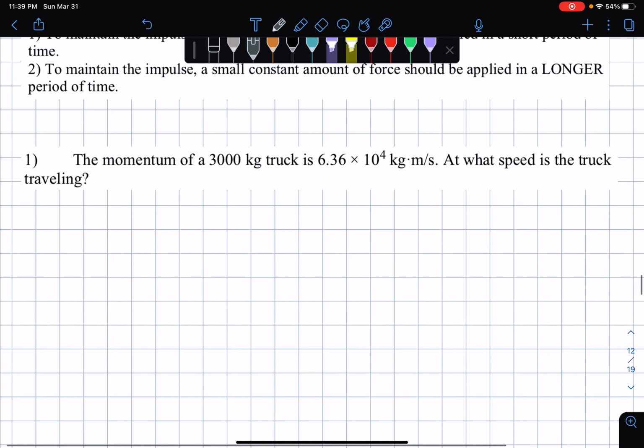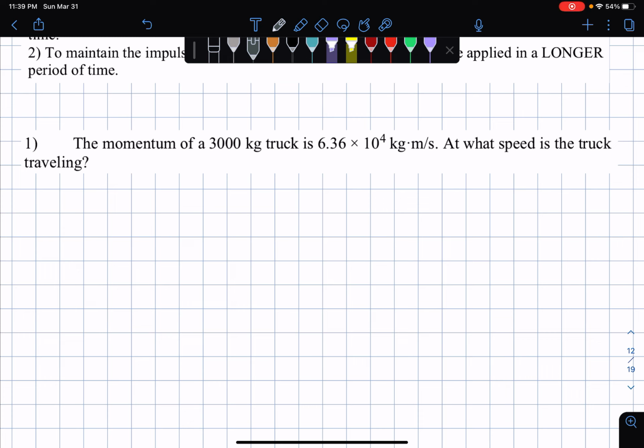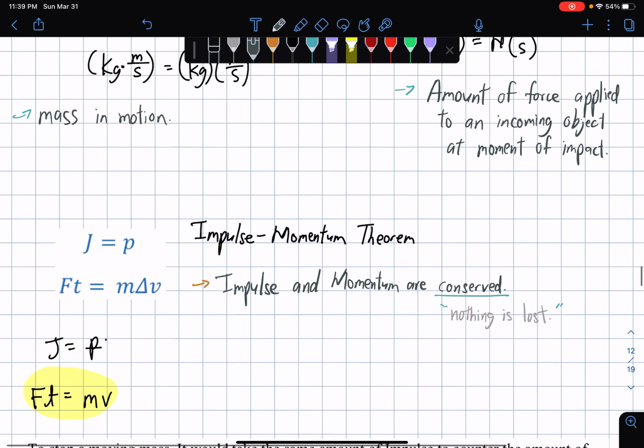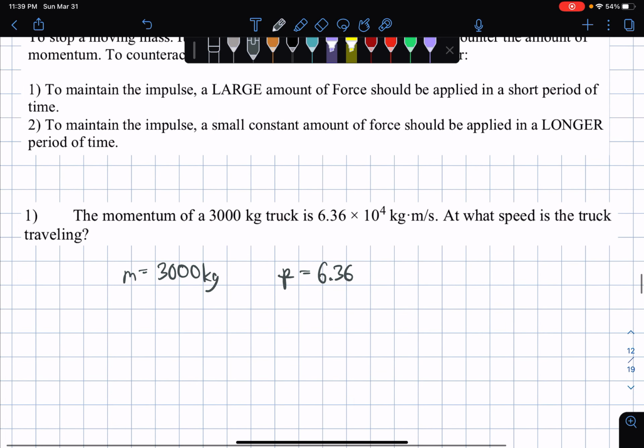Anyways, number one, the momentum of a 3,000 kilogram truck. So the mass is 3,000 kilograms. Momentum is said to be 6.36 times 10 raised to 4 kilograms times meters per second.